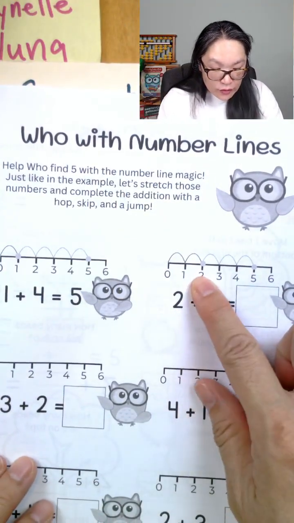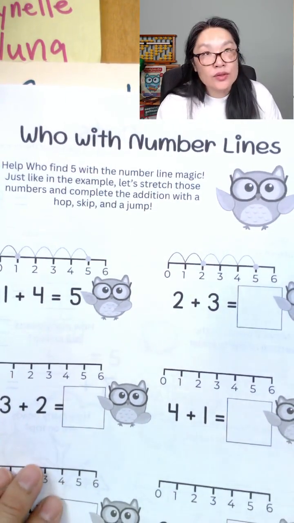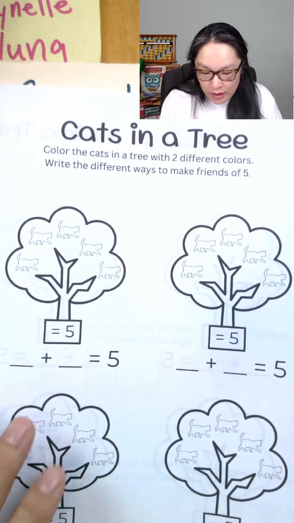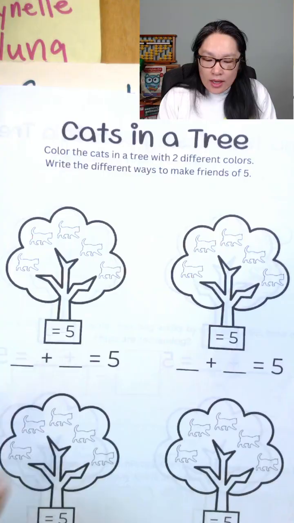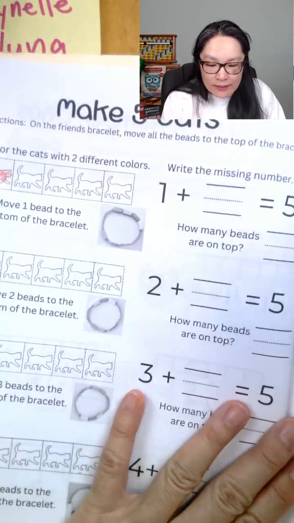If I have 2, I move 3 times over. Number lines are being taught in school as well. Do we teach it in abacus? No, but we should, because it's all the same. It's all encompassing.